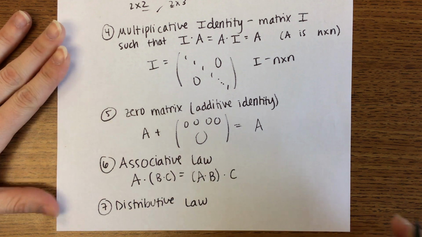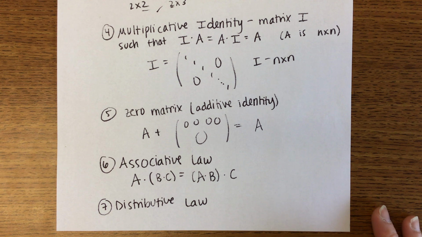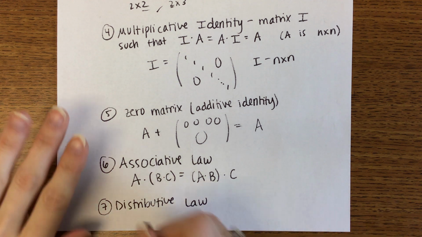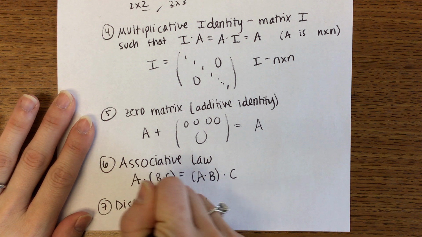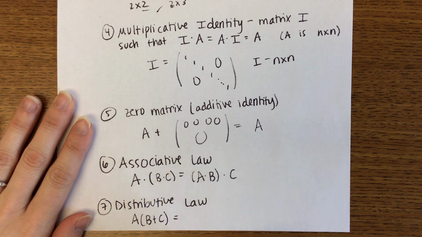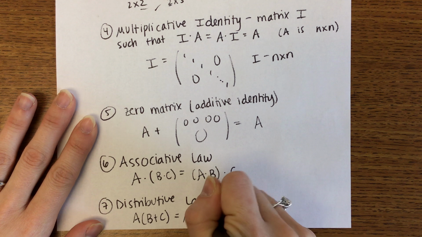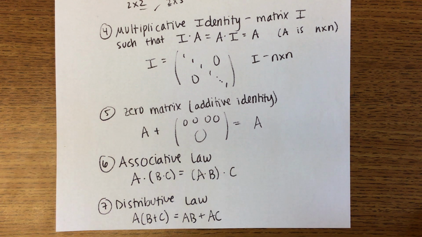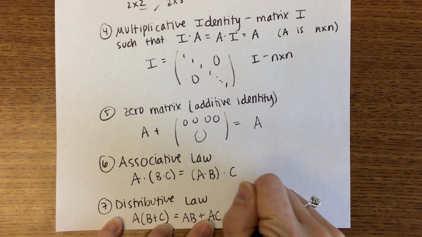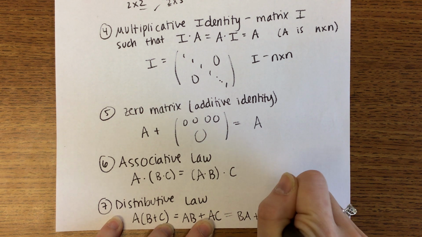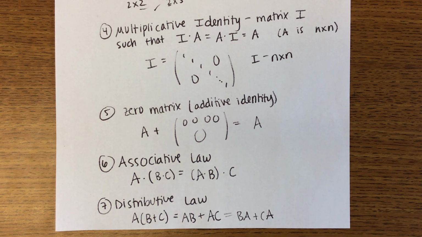Distributive law. If I take A and I multiply that by the sum B plus C, that's the same as AB add AC. Is that equal to BA plus CA? So is AB the same as BA?